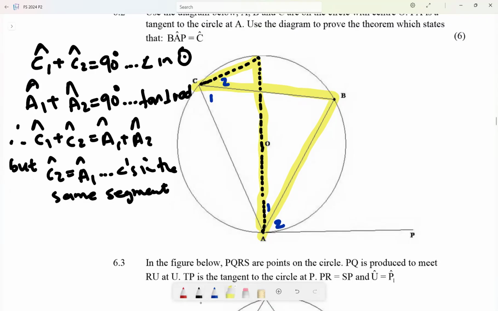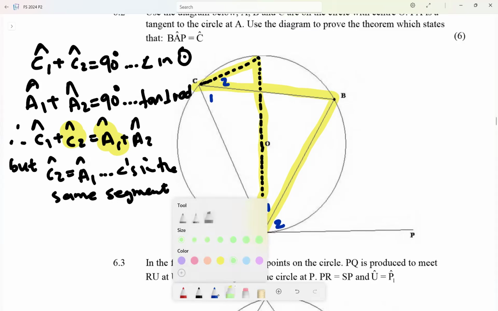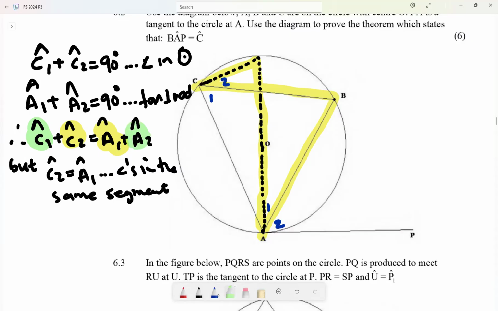If this and this are equal, what does this tell me? It tells me that this color also, this one, should be equal to that one. Why? Let me do this. C1 plus C2 is equal to A1 plus A2.